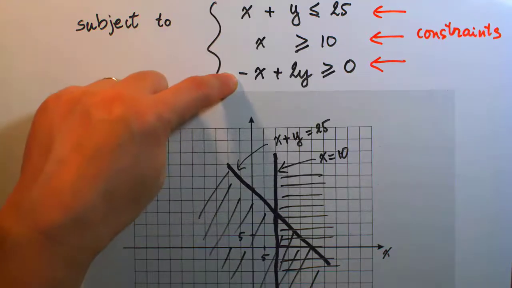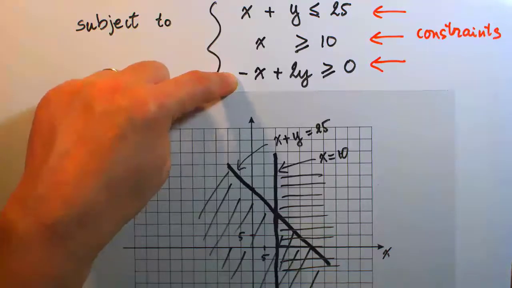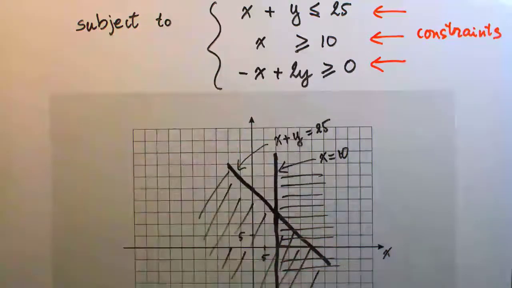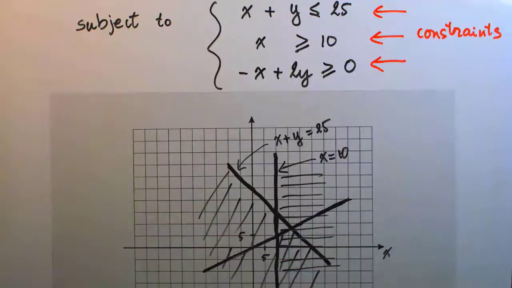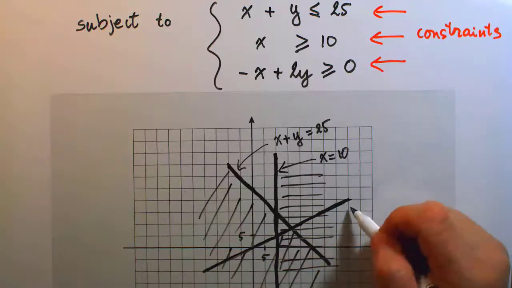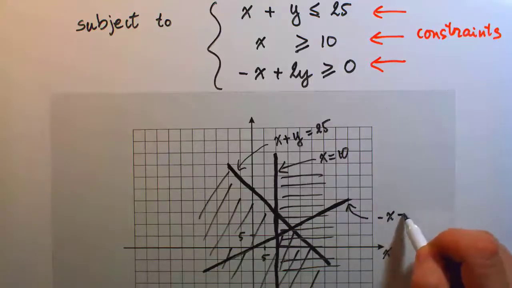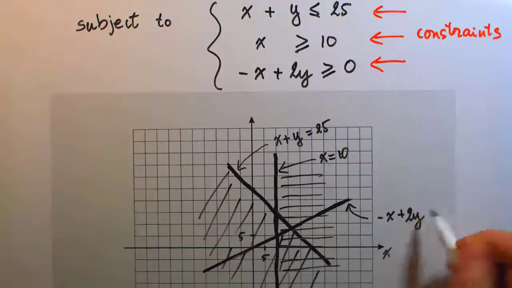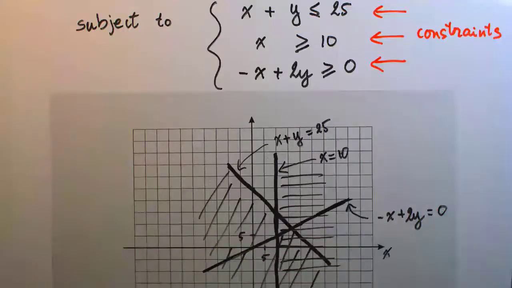And then go ahead and start thinking about the sketch solution to the third inequality, minus x plus 2y greater than or equal to 0, before I put it up. This third line that I just put up is the line representing the equation minus x plus 2y equals 0.